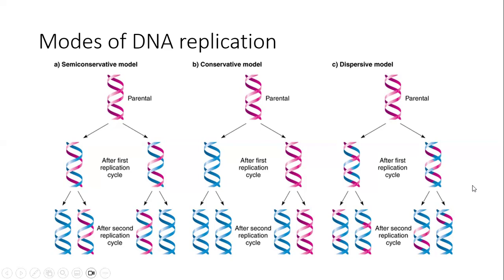So in this way, the parental DNA and the newly synthesized DNA are present in varying ratios according to the dispersive mode of DNA replication. However, later on it was identified, based on the experiment conducted by Meselson and Stahl, that DNA replication indeed takes place by the semi-conservative model.